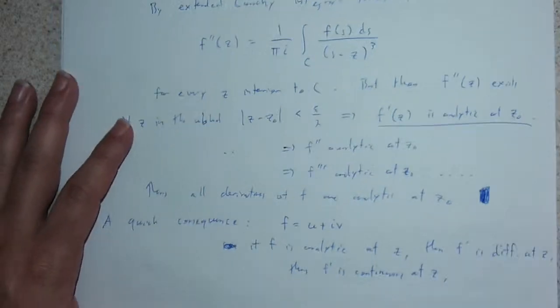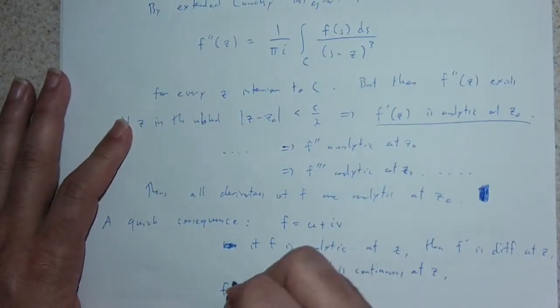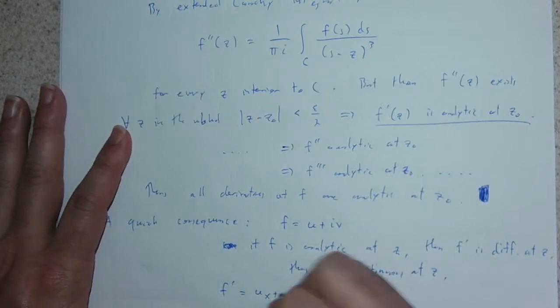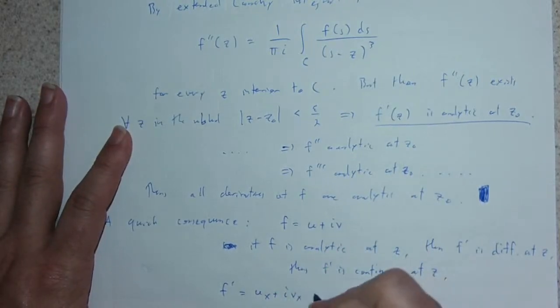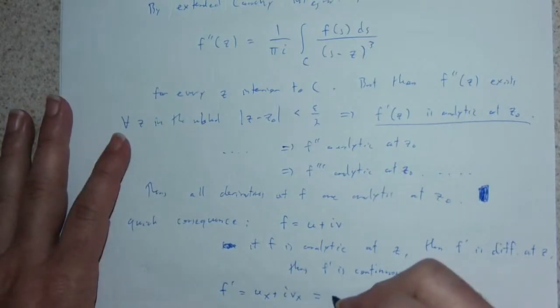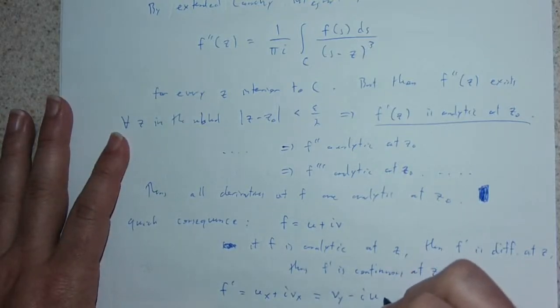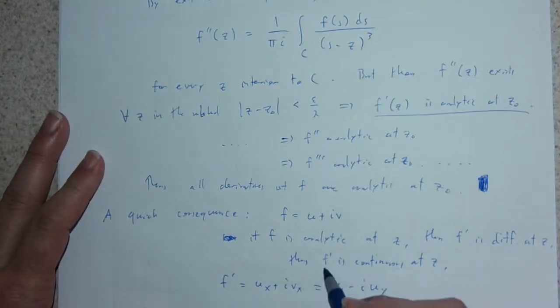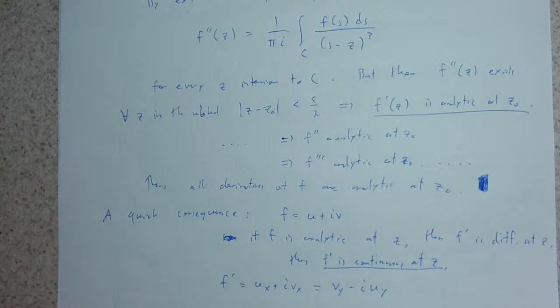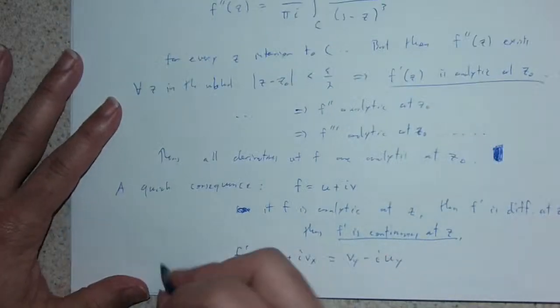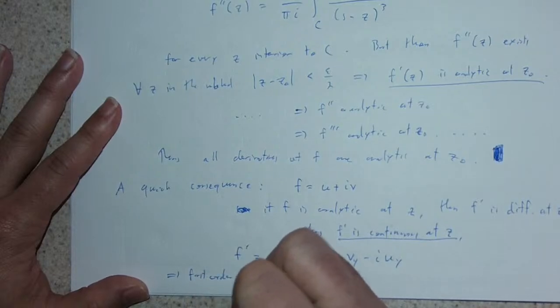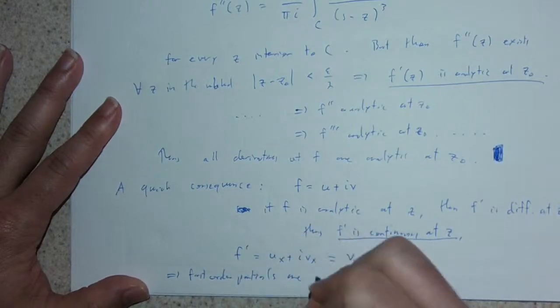But of course, f prime can be written as u sub x plus i v sub x, or it could be written as v sub y minus i u sub y. So if f prime is continuous at z, the first order partials are continuous at z.